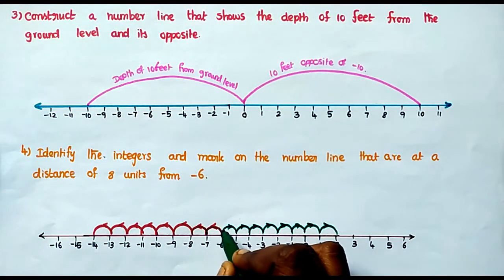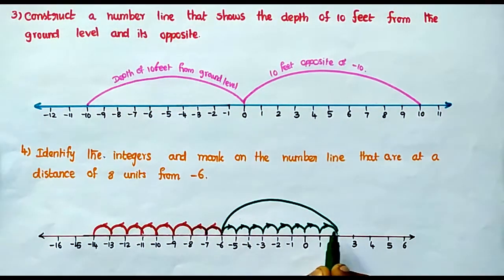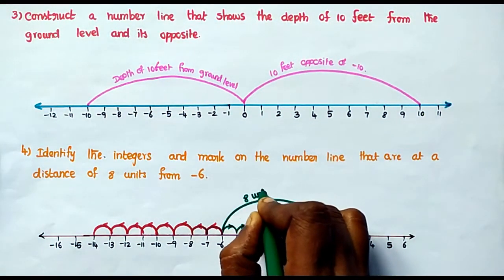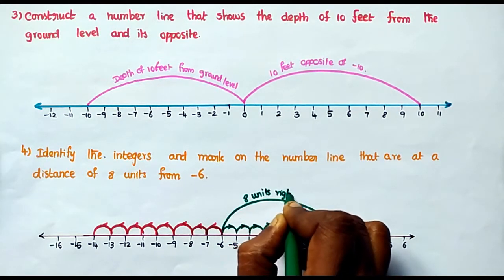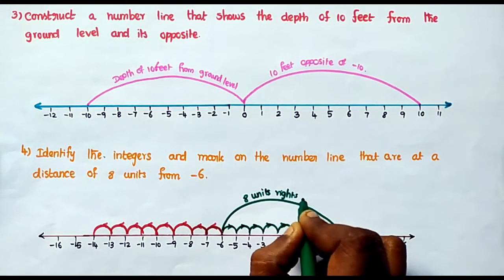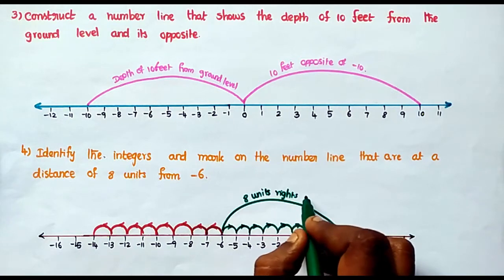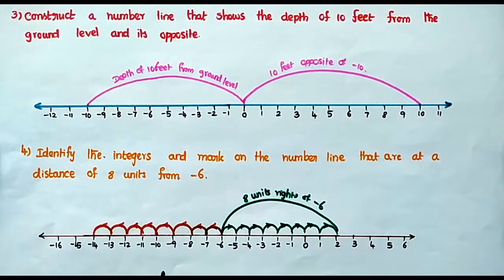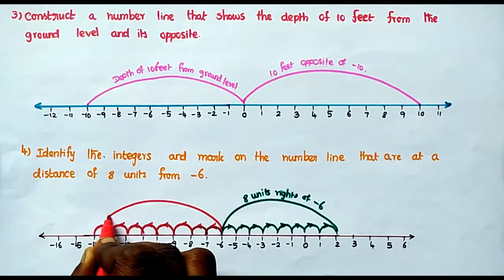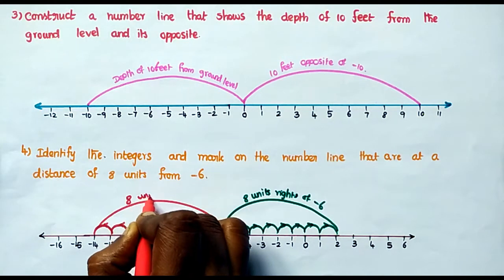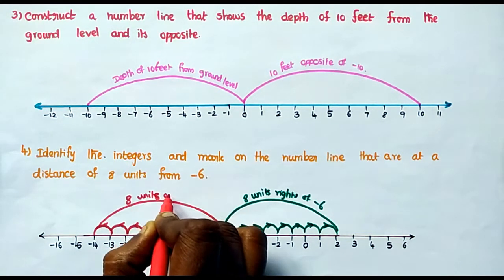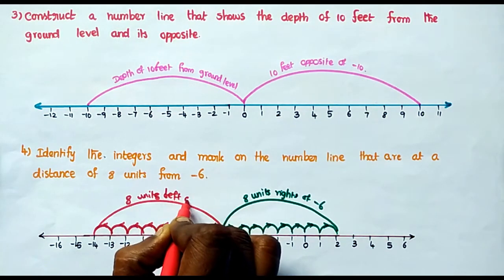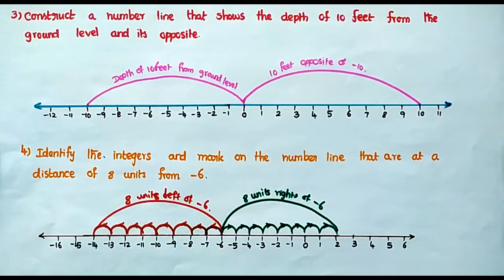So that indicates 8 units right of -6, and this one 8 units left of -6. That is the answer.